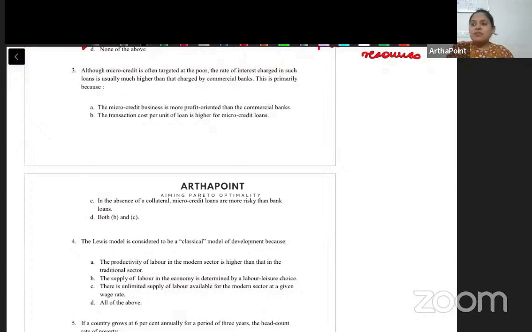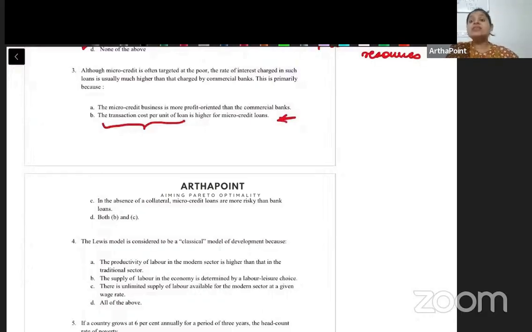Or, for example, one year a drought came or a flood came, and I don't have money for my crop. Now the interest rate on this is much higher than other interest rates. And what's the reason for it? The reason is that in case of microcredit, the transaction cost per loan is higher, right?